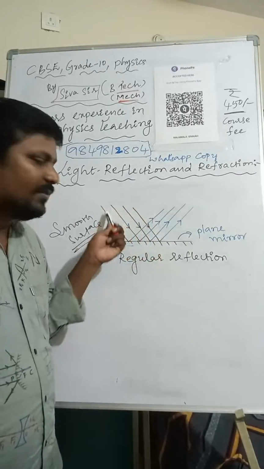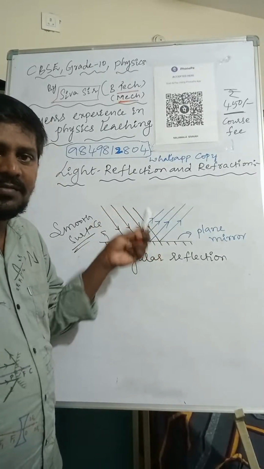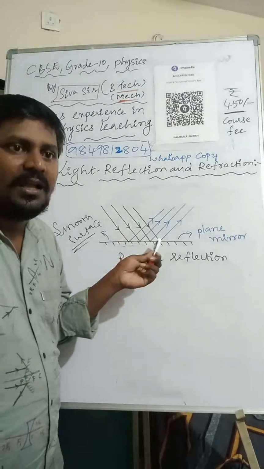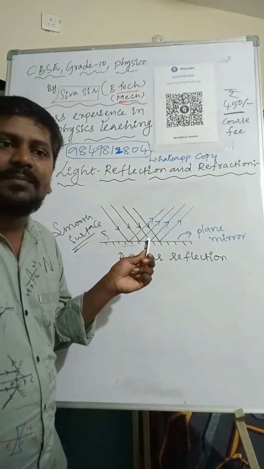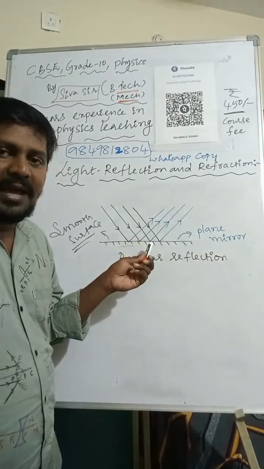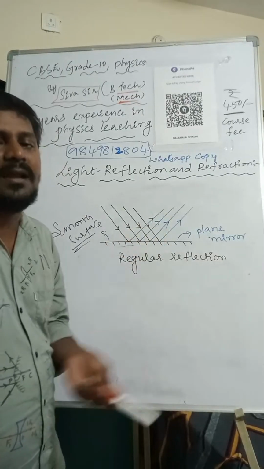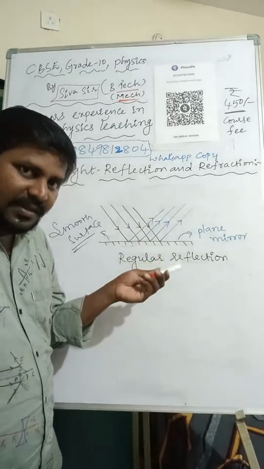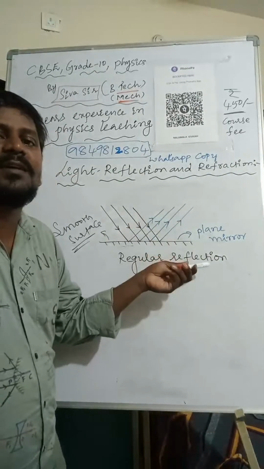Here, the incident rays falling on the surface are parallel to each other, so that is called the incident beam. The incident beam is parallel, and the reflected beam is also parallel.